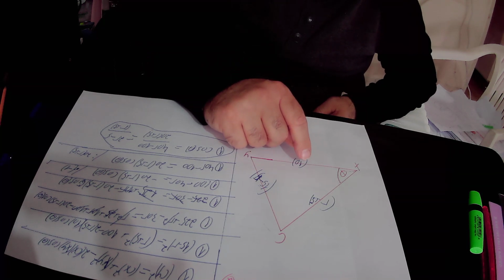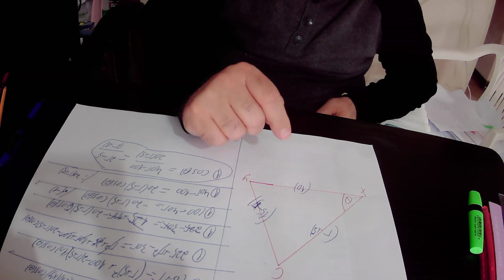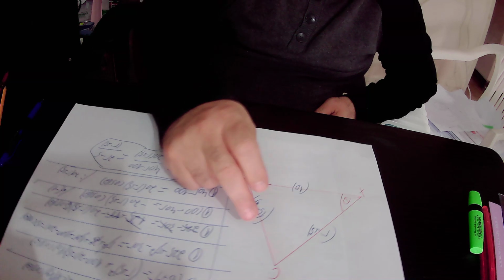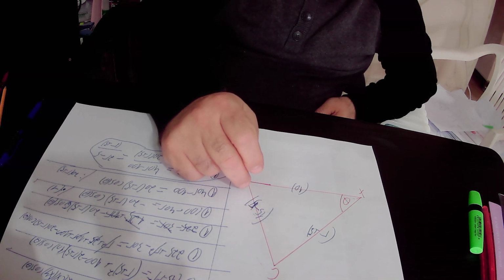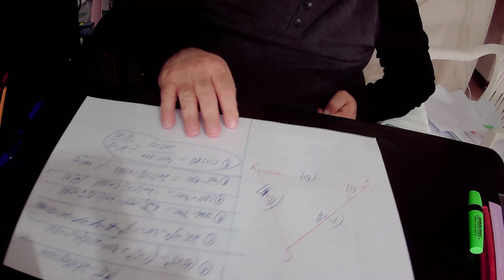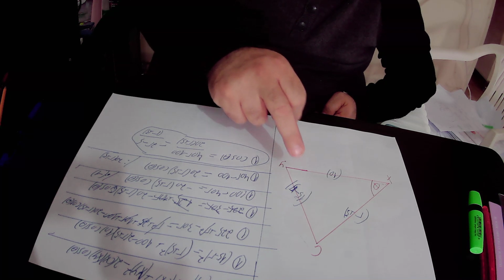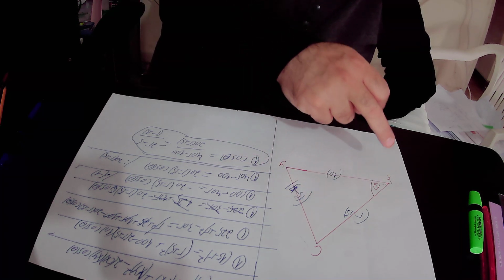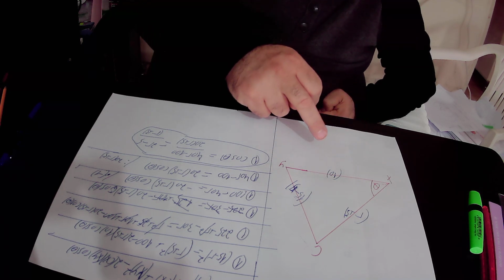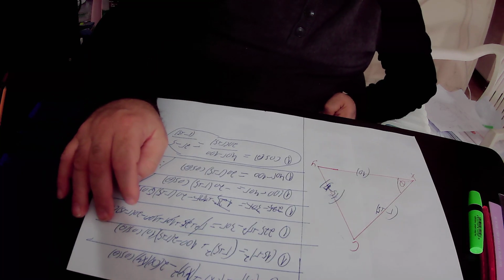We have already found out that CX equals R plus 5, XY equals 10 units, CY equals 15 minus R. So according to the law of cosines, we get that CY squared equals CX squared plus XY squared minus 2 times CX times XY times cosine theta. Okay?